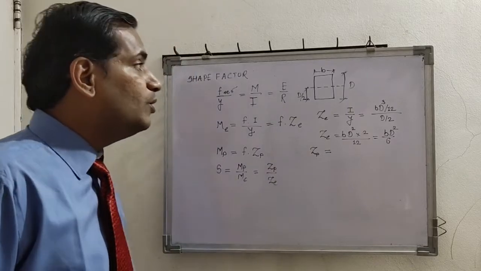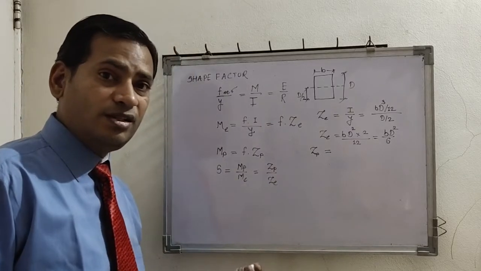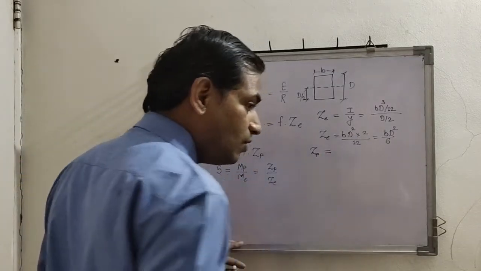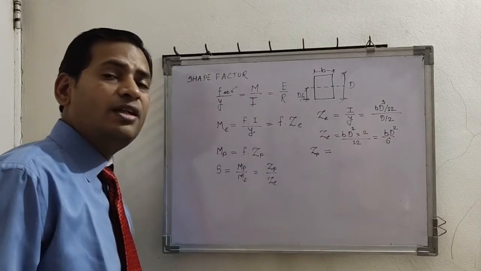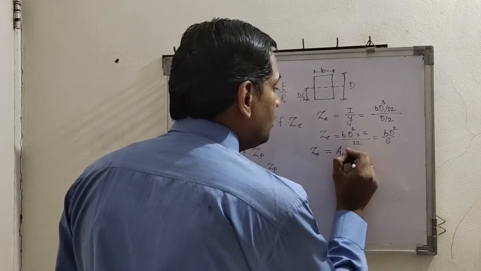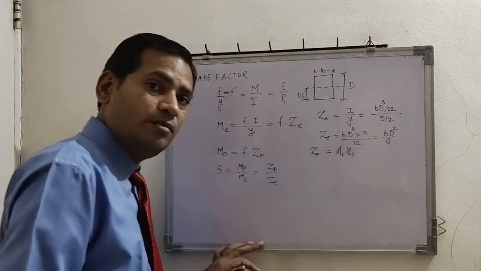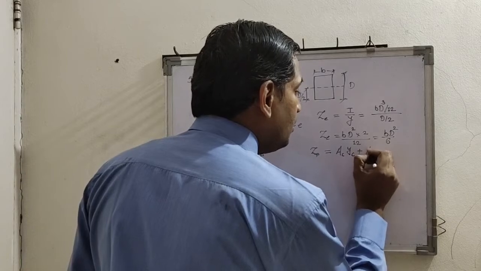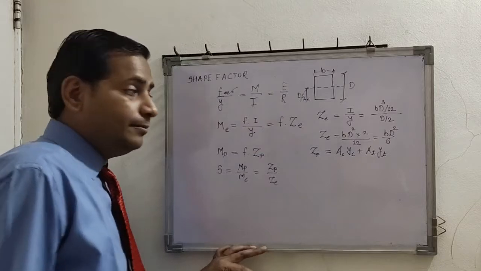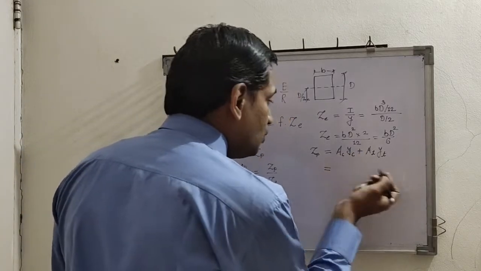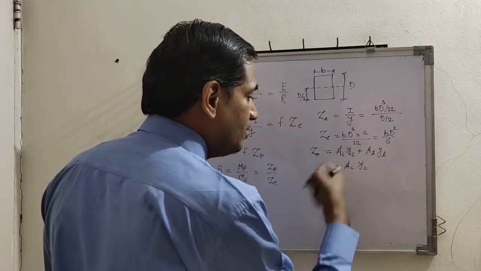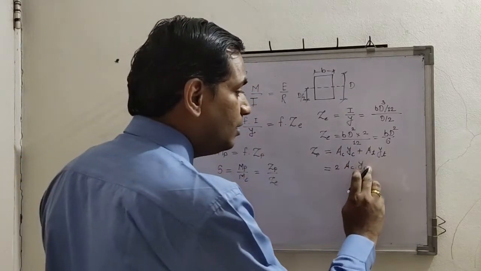We shall call these areas the compression area and tension area. So area in compression into YC plus area in tension into YT. Both are equal, so we can write this as 2 times AC into YC.